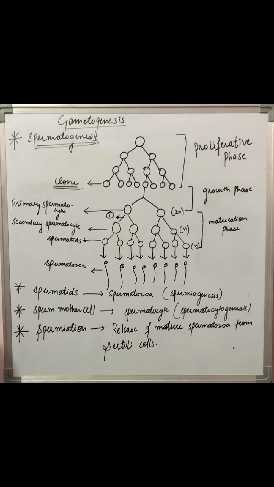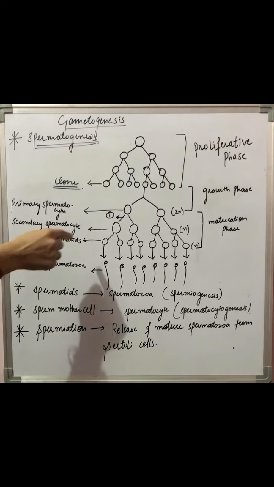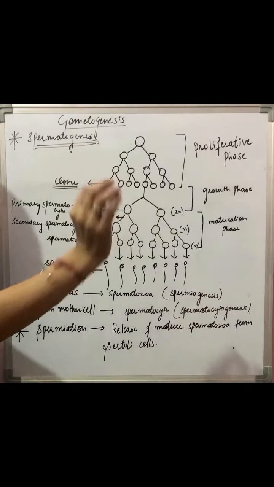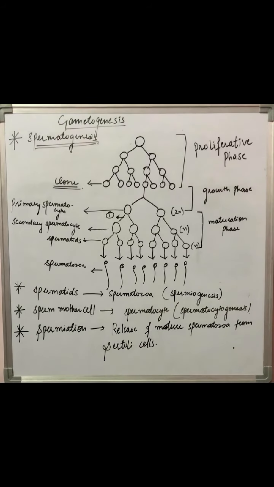After formation of the secondary spermatocyte, it undergoes the second division, but it is not a reductional division, it is an equational division in which there is no reduction of the chromosomes, they remain n, but the number of cells increases and spermatids are formed. Spermatids are now formed here.